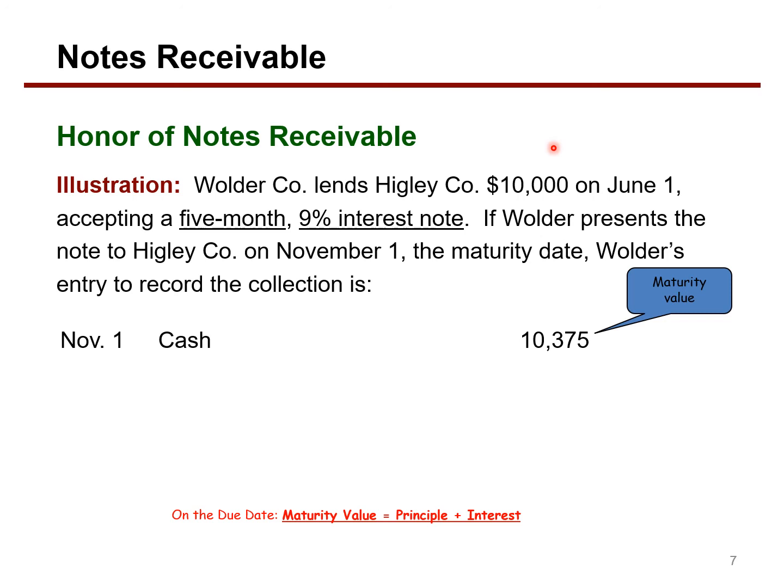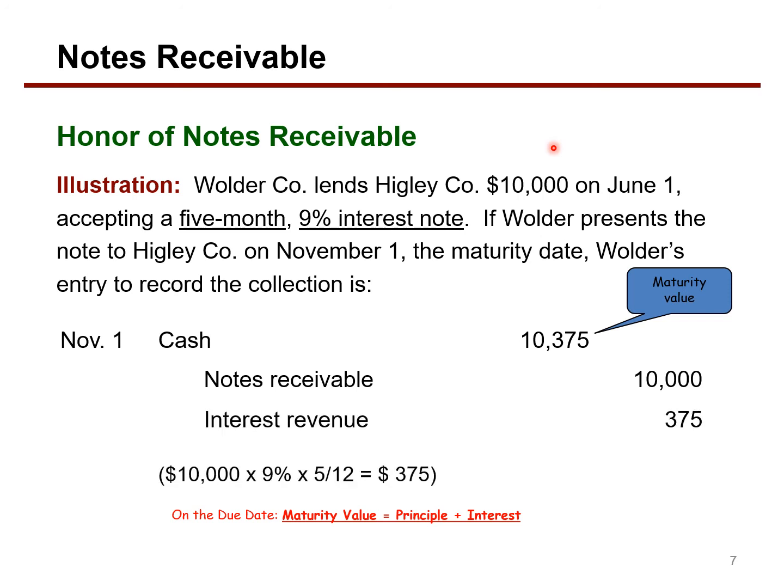That represents the principal plus the interest. The principal is $10,000. And so we're going to credit notes receivable because he doesn't owe it anymore. He paid it. He's also going to pay us interest. And the interest, in this case, is $375. We're crediting interest revenue of $375.